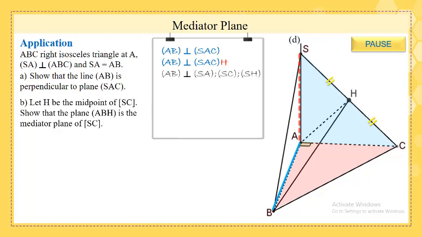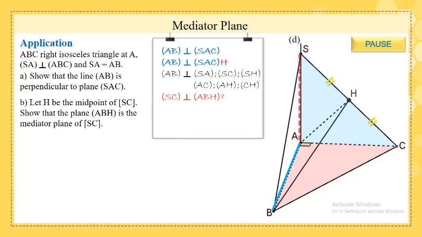So AB is either perpendicular or orthogonal to all the lines contained in this plane. Now, to prove that the plane ABH is the mediator plane of segment SC, first we should prove that SC is perpendicular to plane ABH, and then we should say that ABH intersects segment SC at its midpoint.